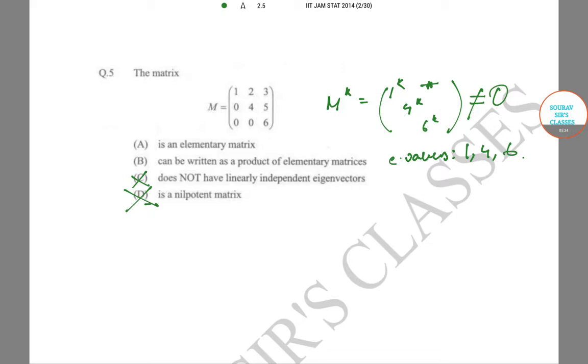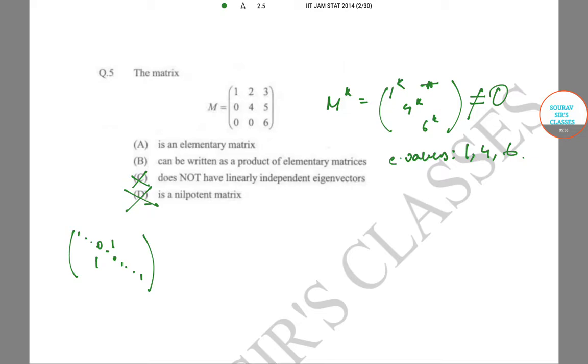Now, is M an elementary matrix or can it be written as a product of elementary matrices? Now, this is definitely not an elementary matrix because elementary matrices would either have the form 0, 0, 1 with 1 and a 1 here.